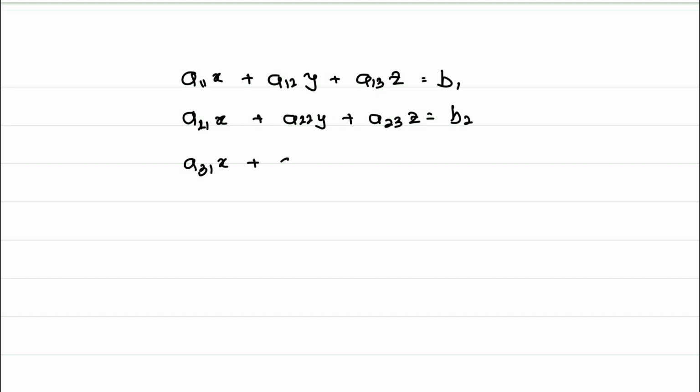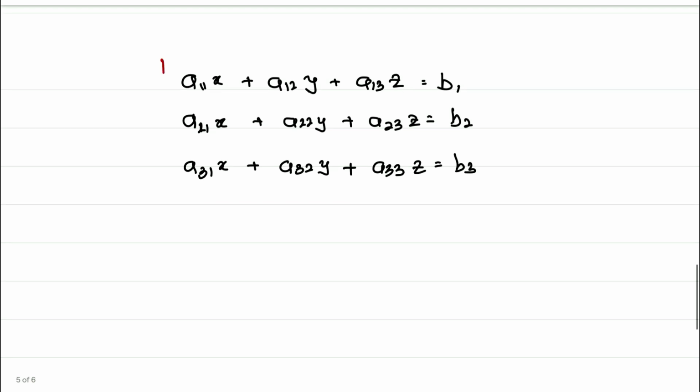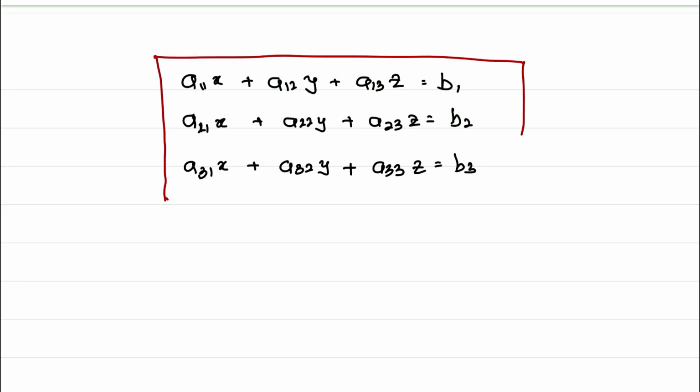A31x plus A32y plus A33z is equal to b3. This is the set of simultaneous equations usually given in the examination. The coefficient values and the constant values may change.